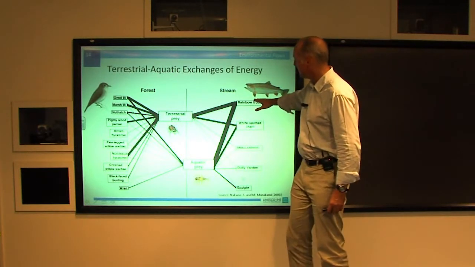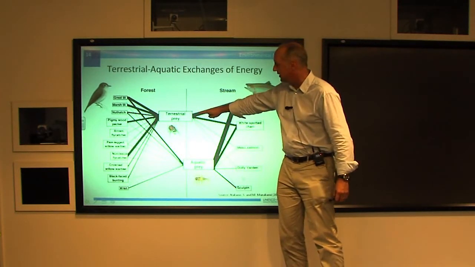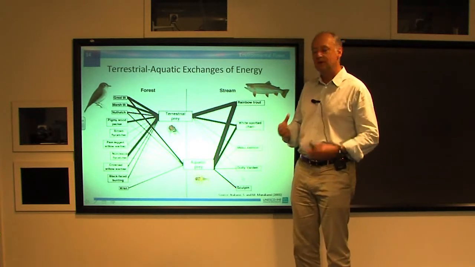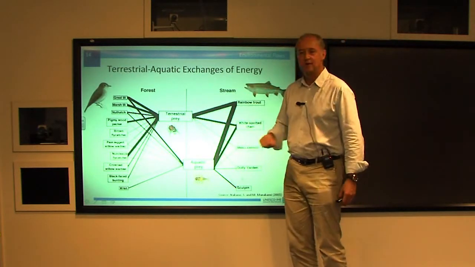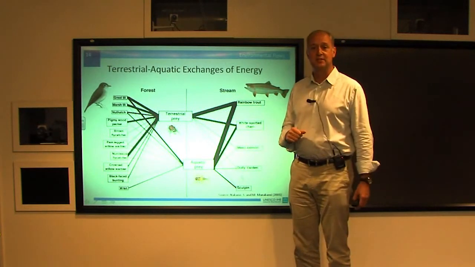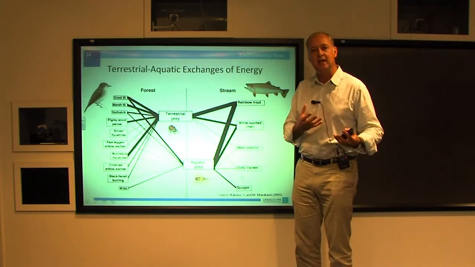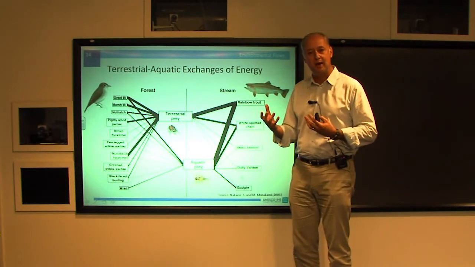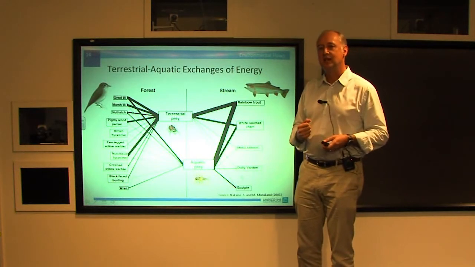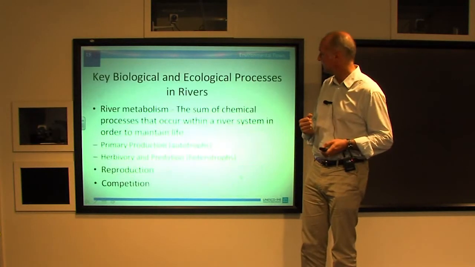So in the case of rainbow trout, you can see that it's feeding heavily on both terrestrial and aquatic prey. And that characteristic holds for many of the bird species, the rest of the fish species as well. There's an exchange of energy between the riparian zone and the aquatic system itself. Maintaining that linkage is critical.